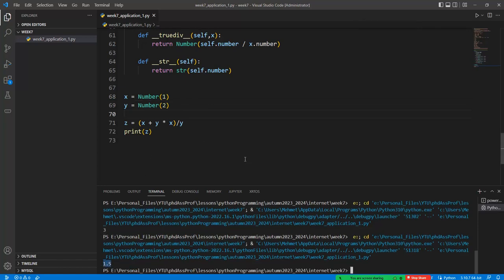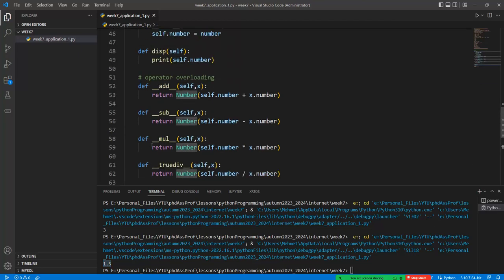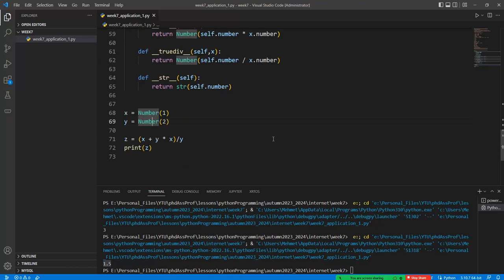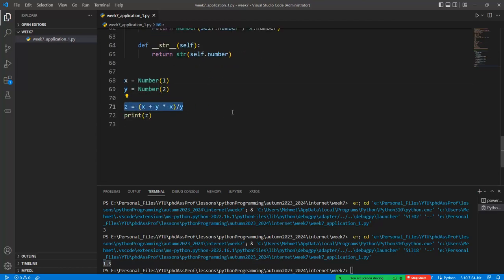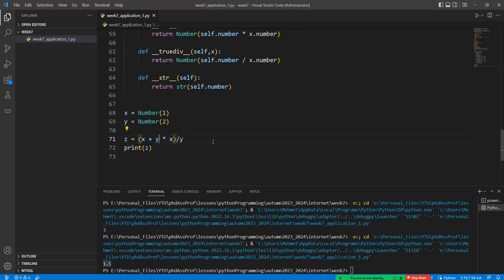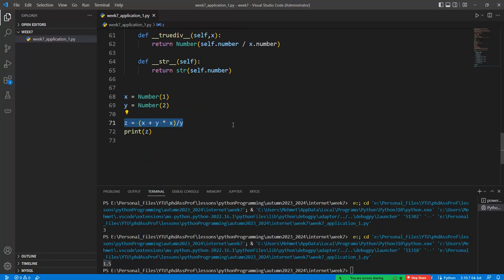Okay, and so normally we don't have any utilization property for the number, unless we have the operator overloading functions like add, sub, mul, truediv, or str, and then we can apply the mathematical operators defined in these functions on these results. Okay, this is called operator overloading. Okay, any question?